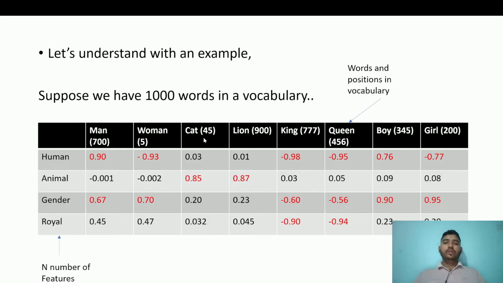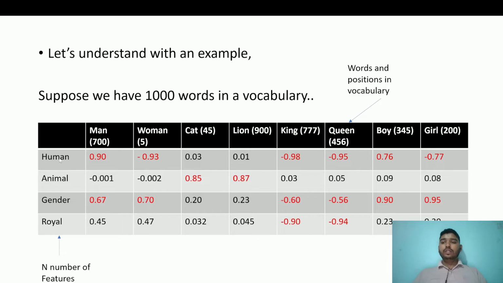Like here you can see the word cat is not related with human, so it has a lower value. Lion also has a lower value. King and queen are also highly correlated with the word human, or sorry, the feature human, so they also have a higher value. And likewise boy and girl also have a higher value, as those are very connected with the word human.